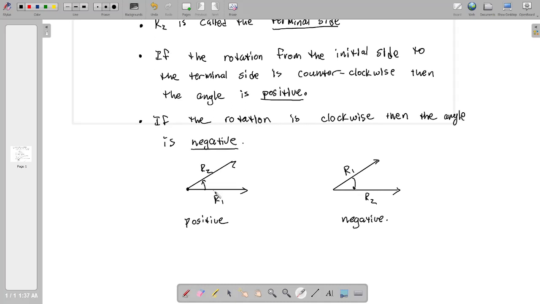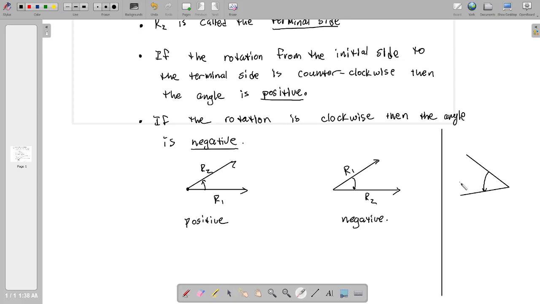What you don't want to say is that we're rotating up or we're rotating down. That doesn't make sense. The reason that doesn't make sense is because suppose that we had an angle in this way and you were using the terminology up or down. We're rotating here.